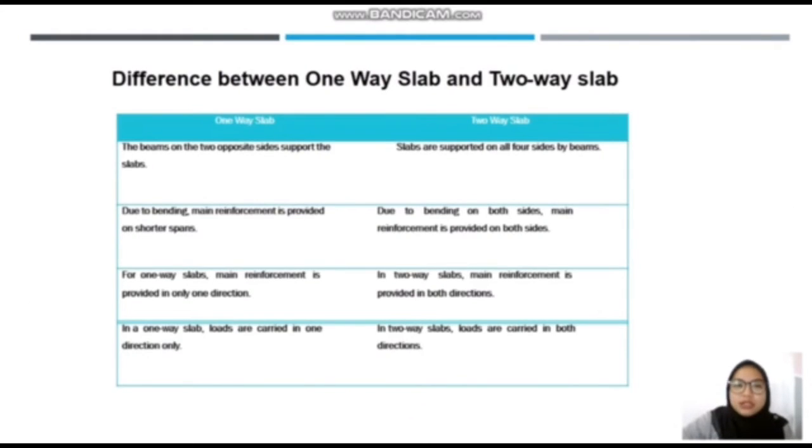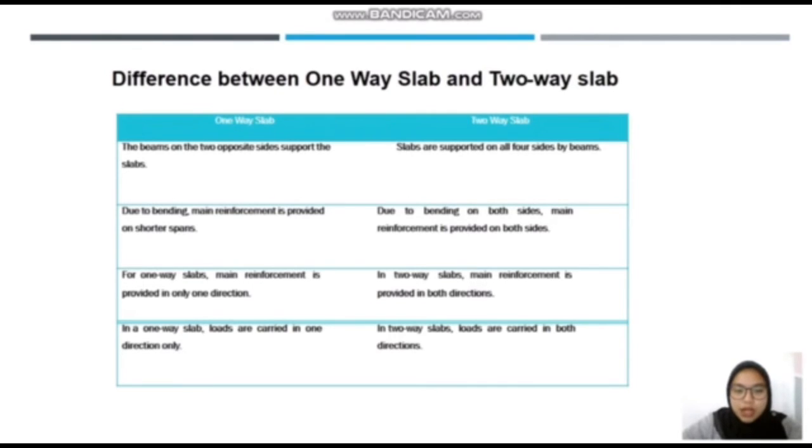Okay, so what is the difference between both of these slabs? One-way slab, first, is the beam on the two opposite sides support the slab. And two-way slab is supported on all four sides by beam. Okay, one-way slab dia hanya support two opposite side, manakala two-way slab dia support four side of beam. Okay, so seterusnya, due to bending, main reinforcement is provided on shorter span.